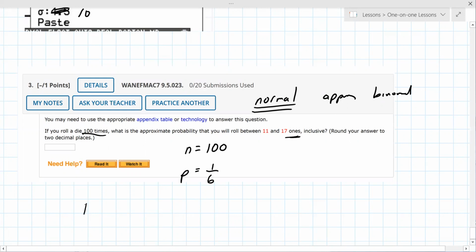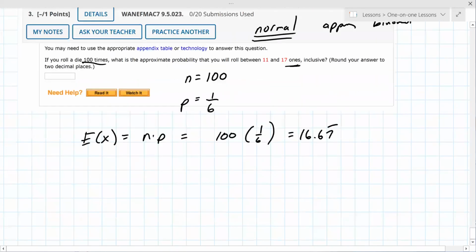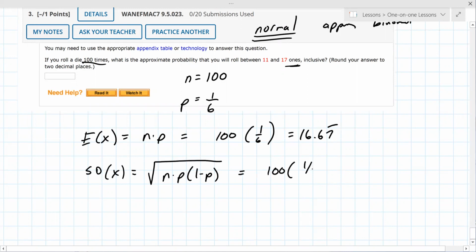And we talked about this in the previous section, the expected value is n times p, which is 100 times 1/6. That's 16.67 repeating. Your standard deviation is the square root of n times p times 1 minus p. So you can get that number. It's 100 times 1/6 times 5/6 square rooted. So we get that number.